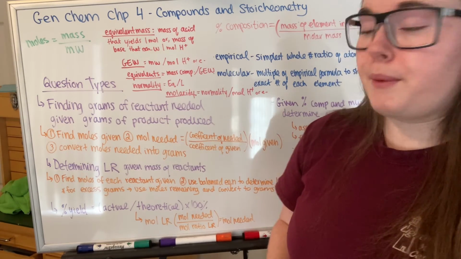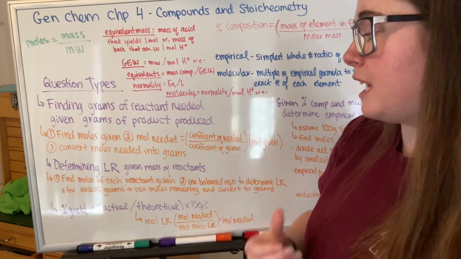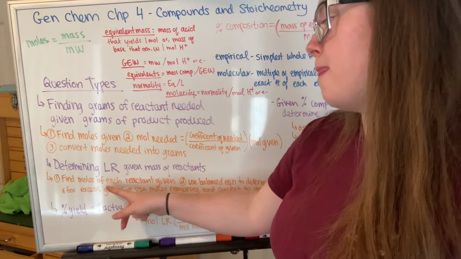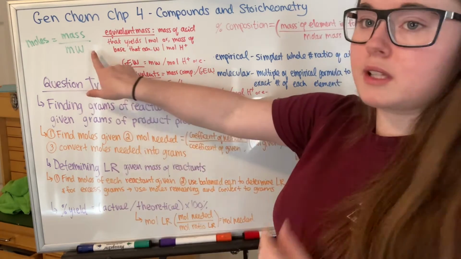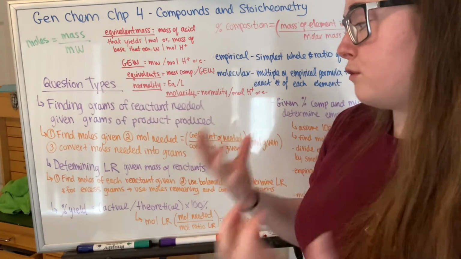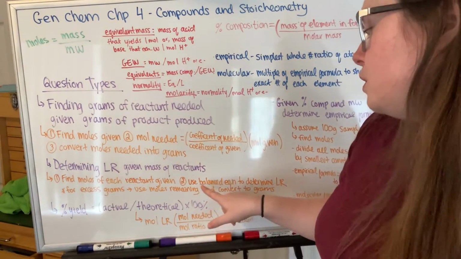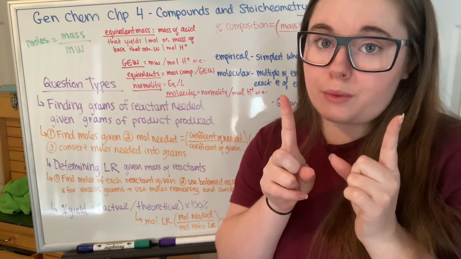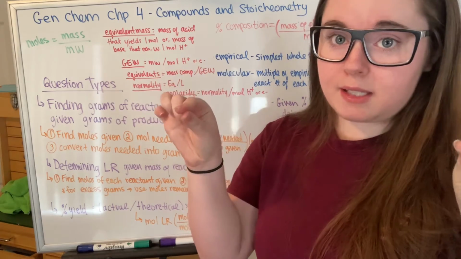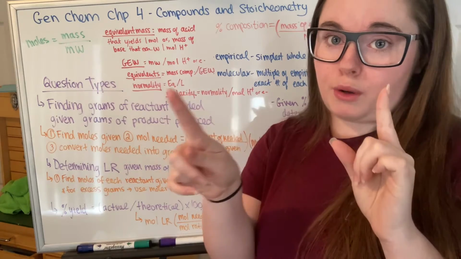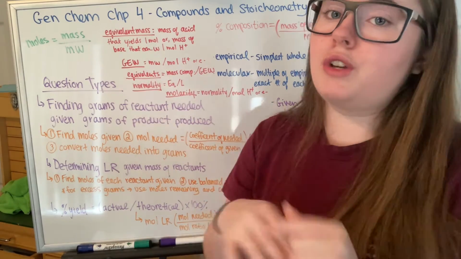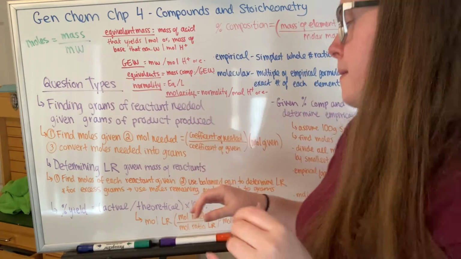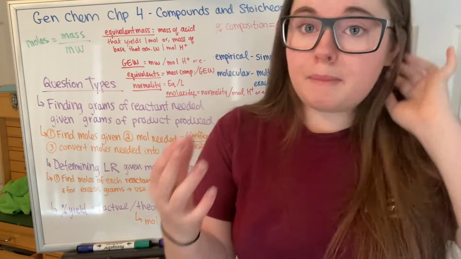Our next question type is determining the limiting reagent given the mass of reactants. First you need to find the moles of each reactant given, using the equation up here. Then you use the balanced equation to determine the limiting reagent. You just have to look at the ratios, like 1 to 1, 1 to 2, whatever those coefficients are. You use that as the ratio of one reactant to the other, and with that you can compare.